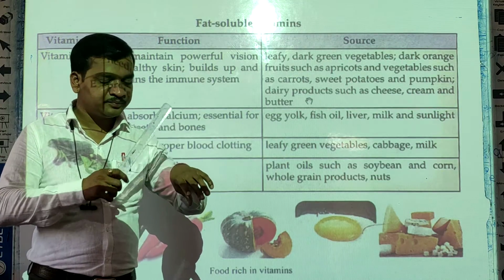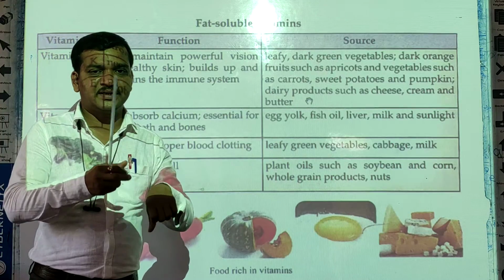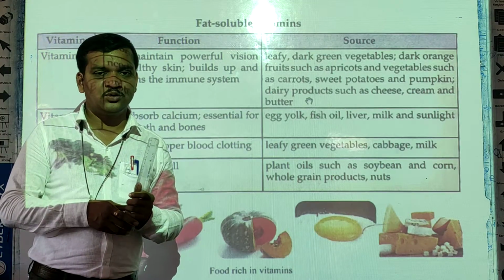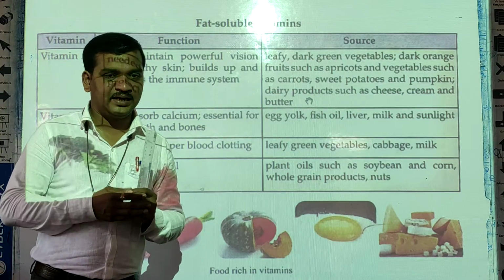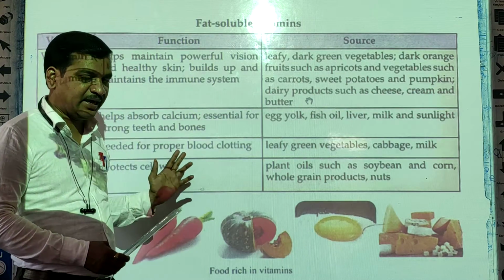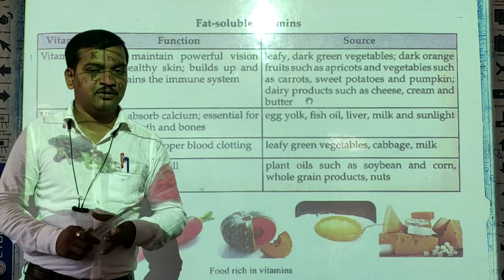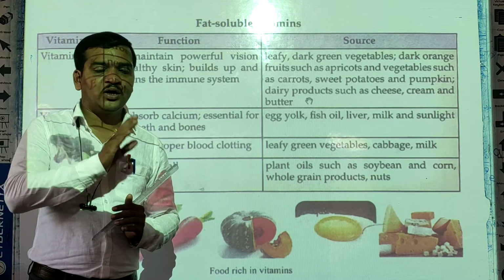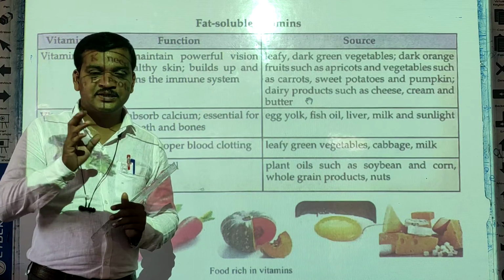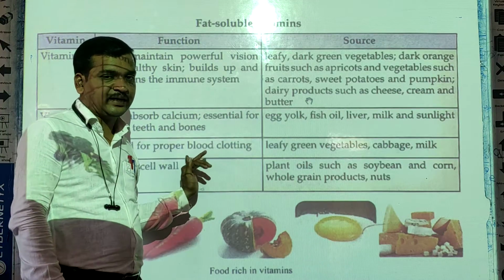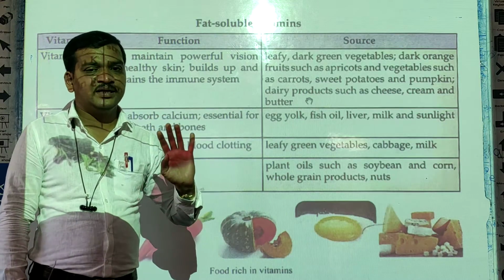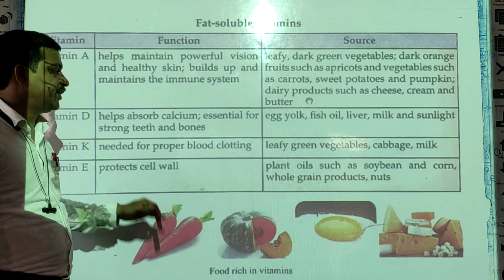Sometimes we get a cut, for example while cutting vegetables, and suddenly bleeding starts. If vitamin K is enough in our body, the blood clots early and we can save our blood. But if vitamin K is very low, continuous bleeding will be there and the person may even die.